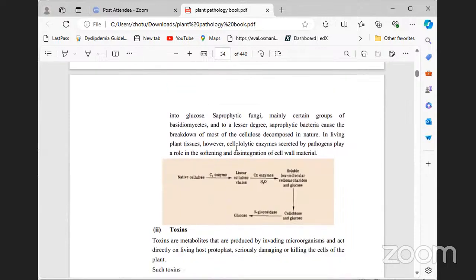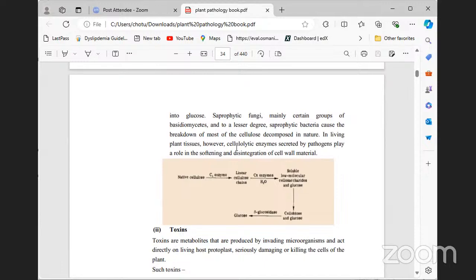The saprophytic fungi, mainly certain groups of the basidiomycetes, and a lesser degree saprophytic bacteria, cause the breakdown of most of the cellulose decomposing in nature.